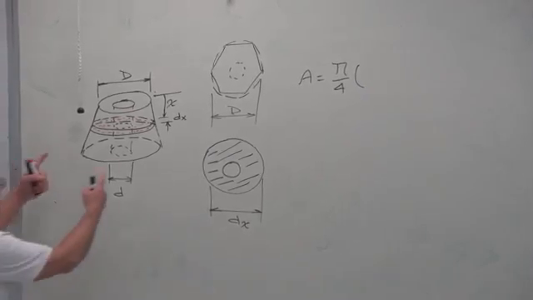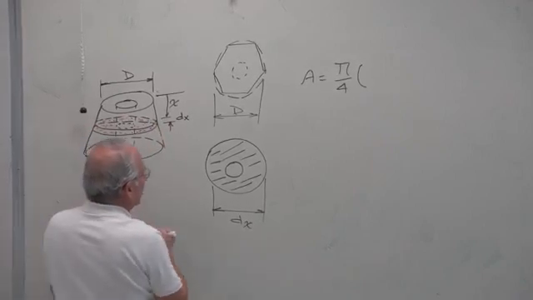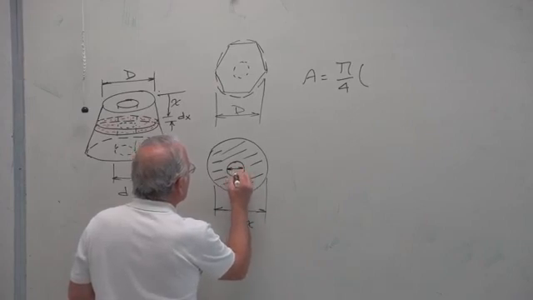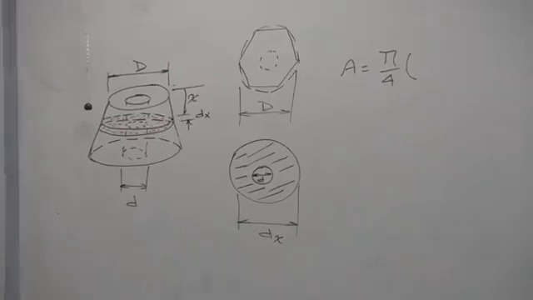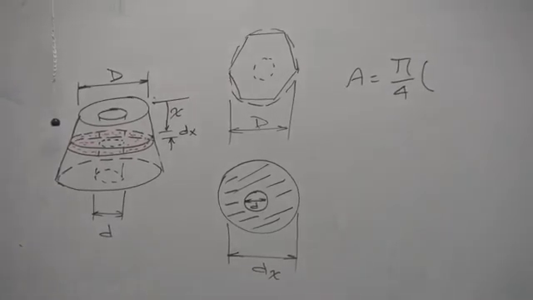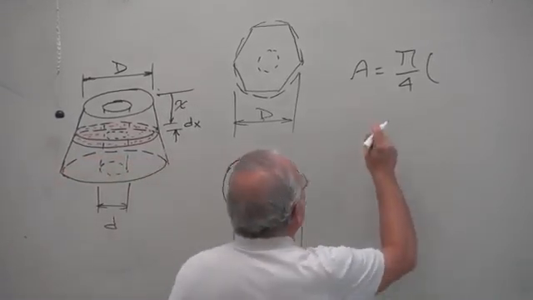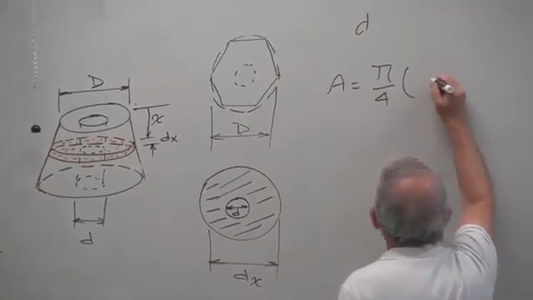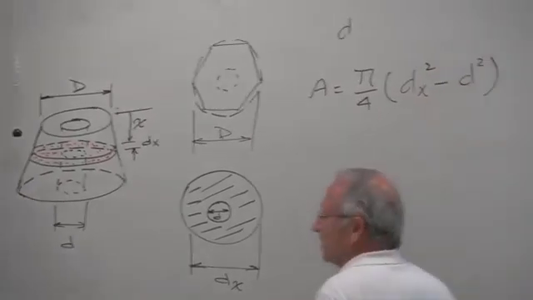This diameter. That diameter, of course, is that of the bolt. So we need to find this diameter d sub x. Let me find d sub x up here, and then I'll put it in here. So d sub x squared minus d squared. Agreed?